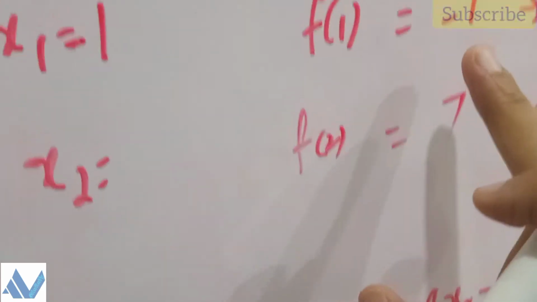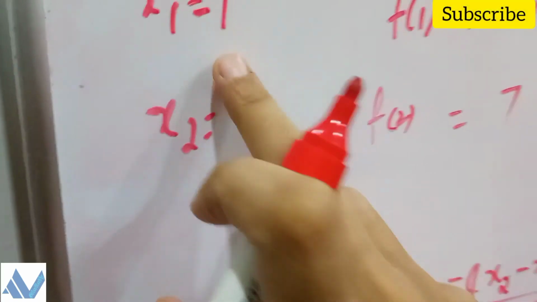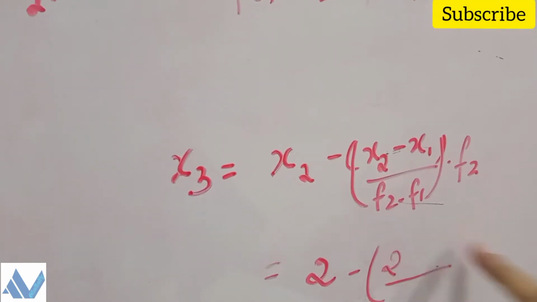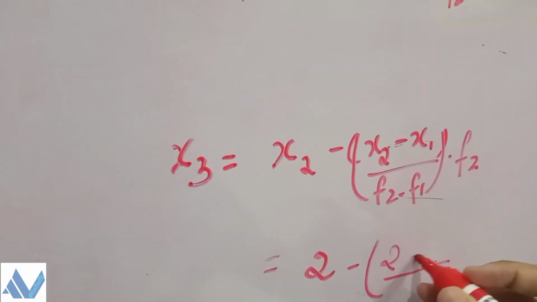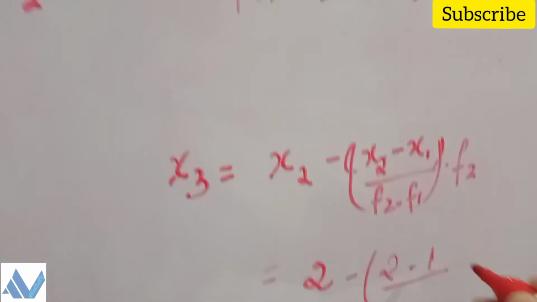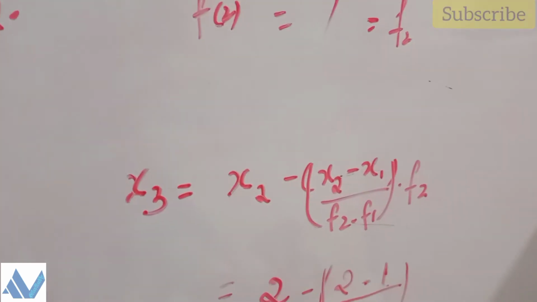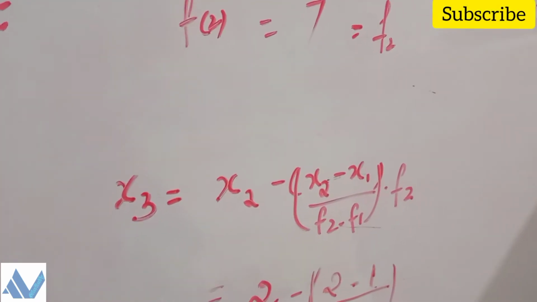Oh no, sorry, x1, I'm taking f1. See, this is how we can make mistakes in taking the values. x1 is 1, which is this. Now comes f2 minus f1.